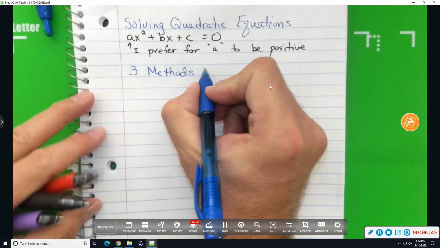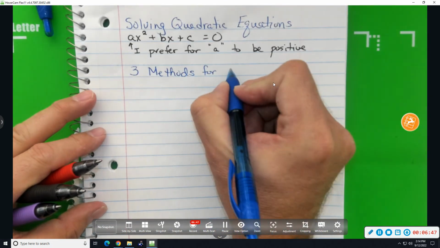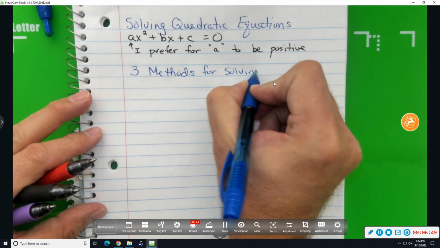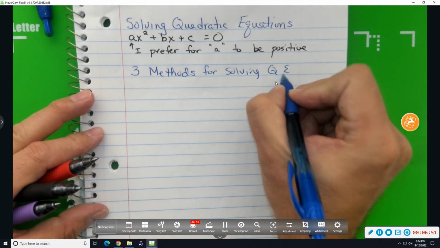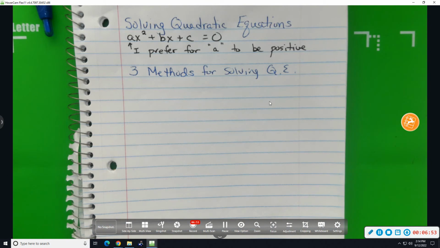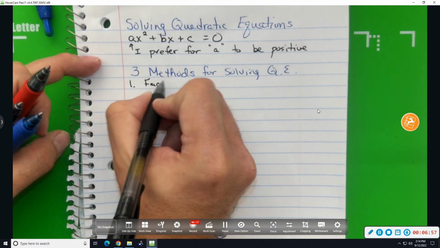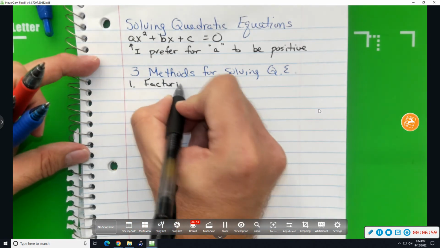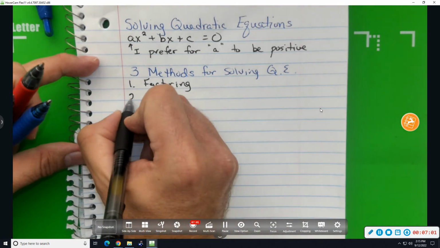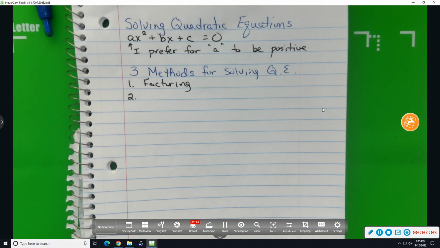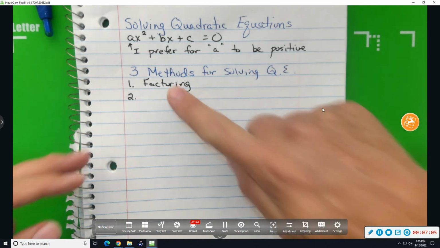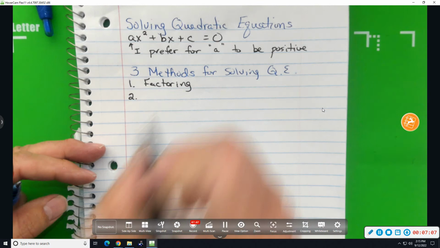Three methods for solving quadratic equations, the three that we're going to see. The first one we've already done, the factoring method. And that's what the first two problems are.